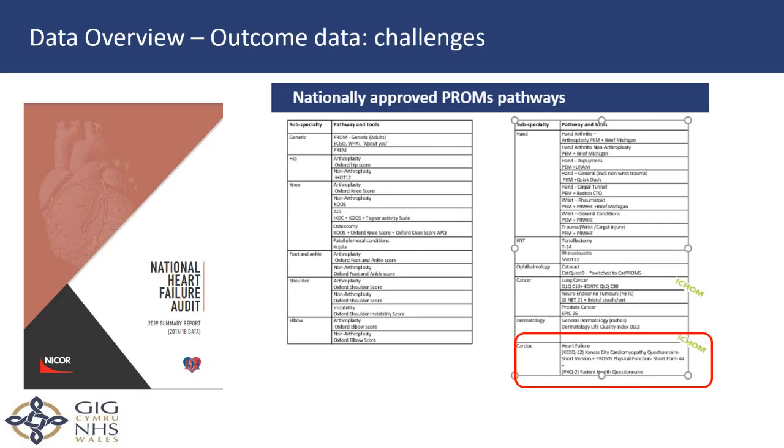These are the Kansas City cardiomyopathy questionnaire and the patient health questionnaire. However, we have multiple platforms locally in Wales that have varying degrees of integration with their local systems. So coupled with a lack of standardization, data flow is an issue on these platforms. Next slide, please.